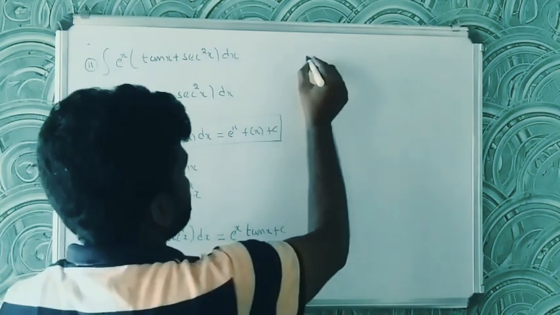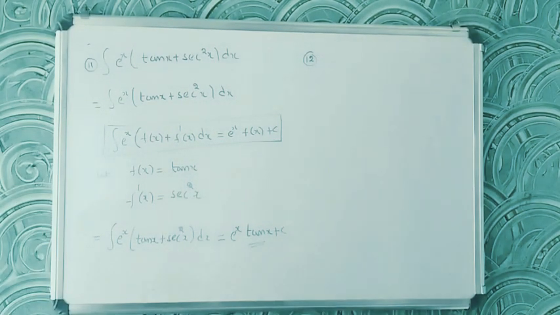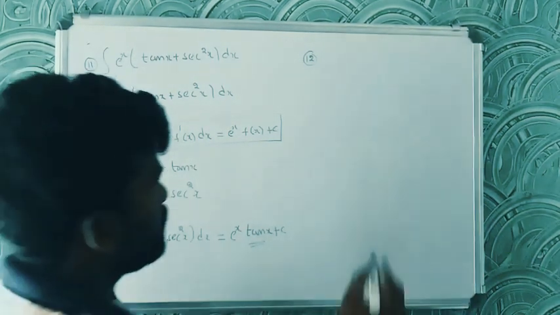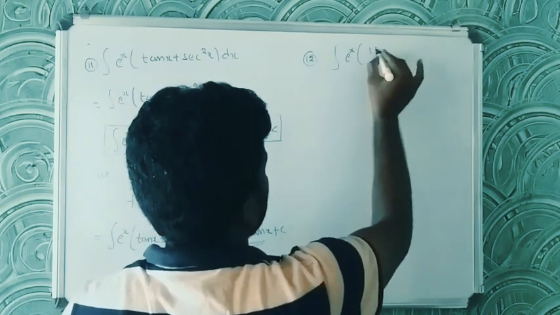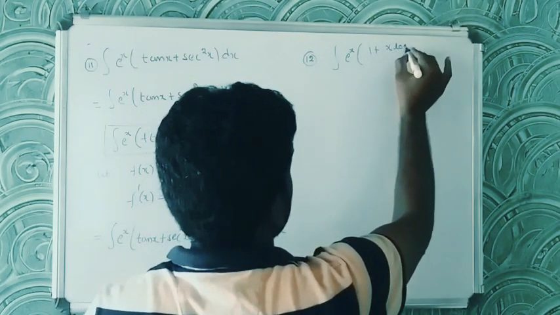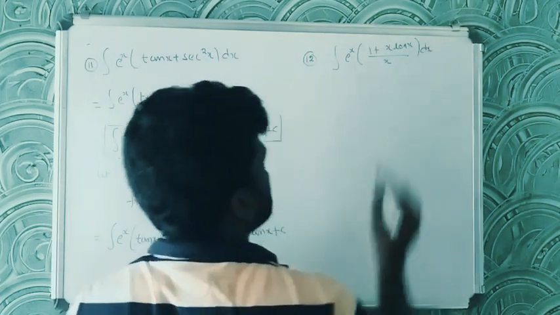Next, the 12th one. Problem number 12. Integration of e power of x into 1 plus x log x by x into dx.